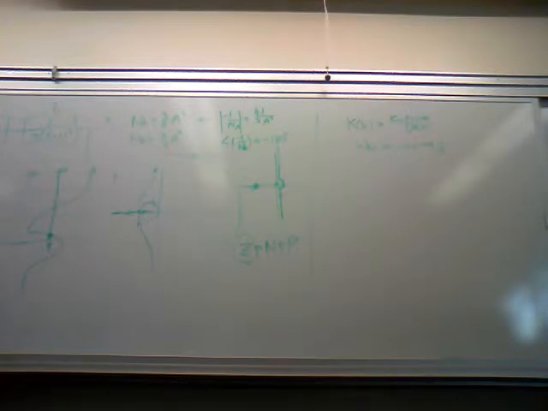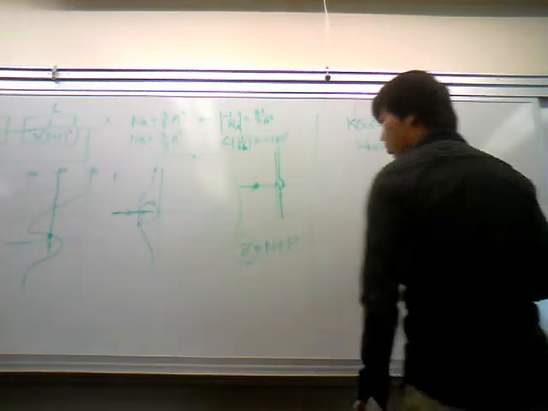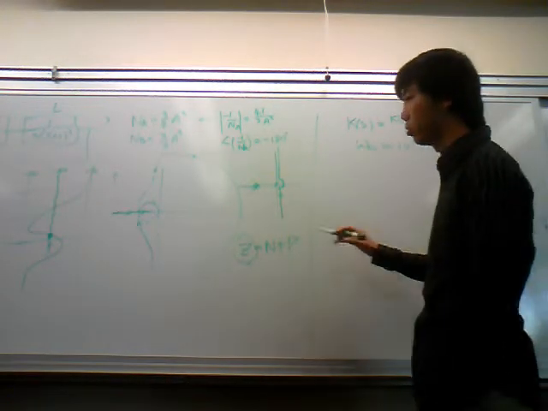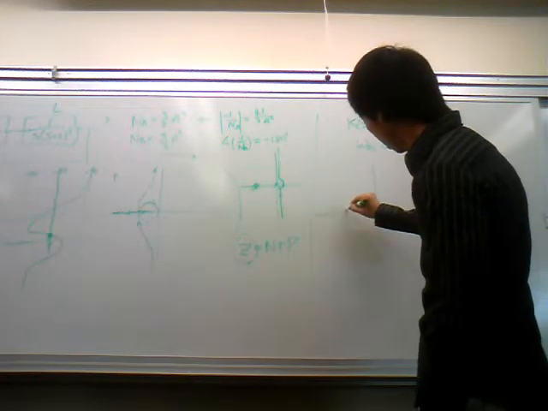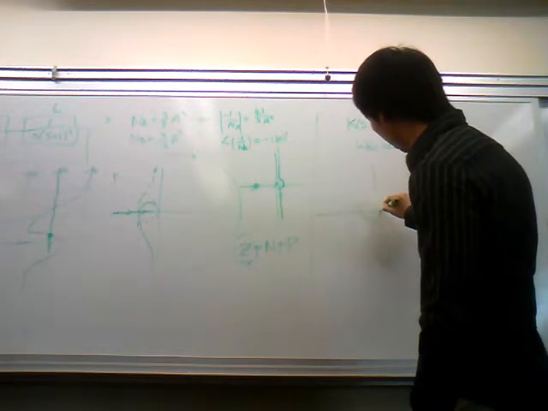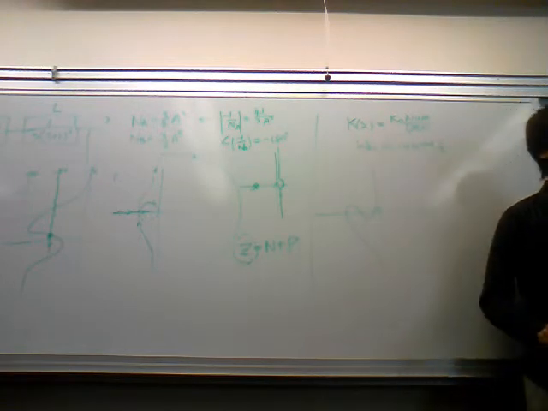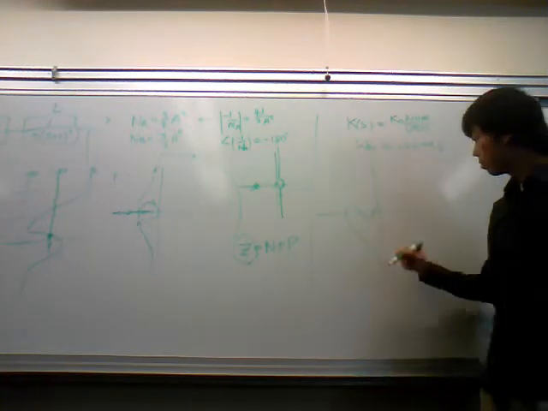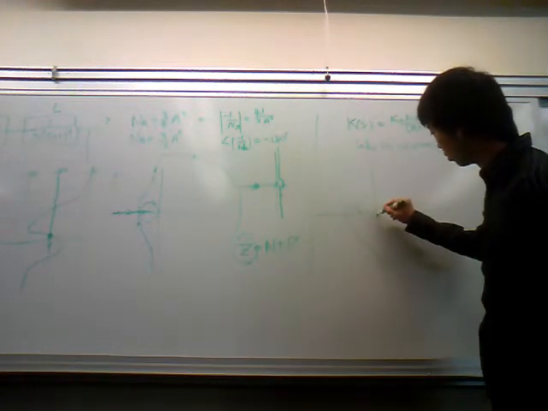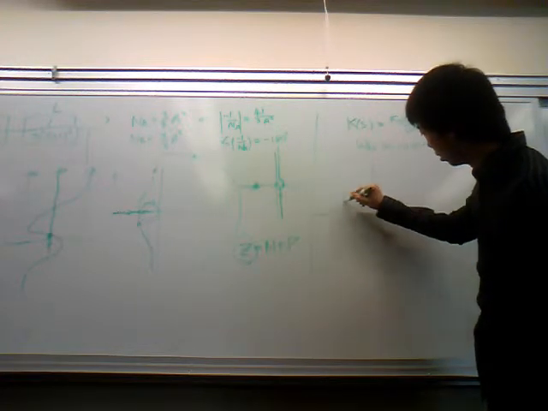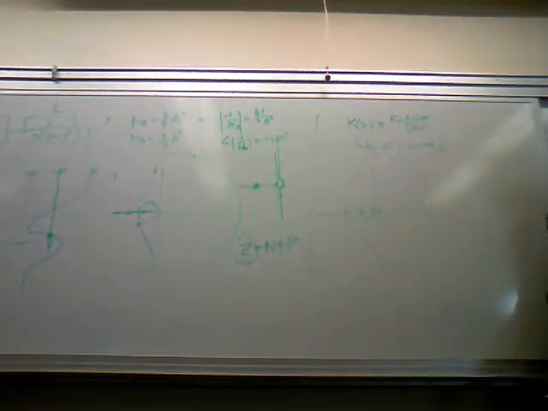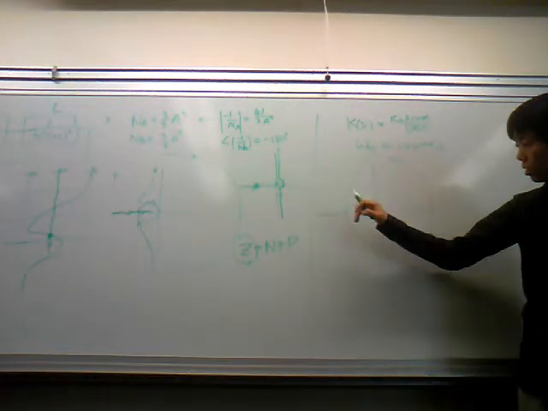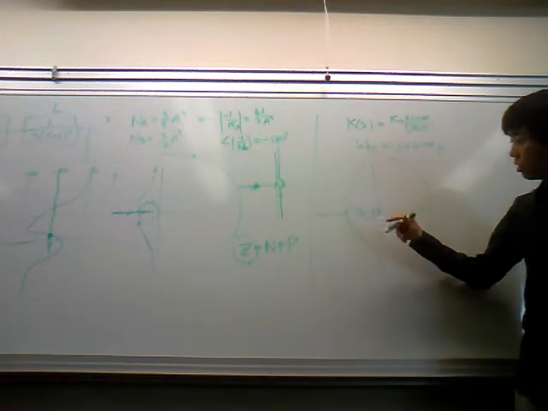How do we know for sure? Well, if we draw the Nyquist diagram of something like that, it's coming in like this and going back like that. If you did the whole thing, you'll find that here you get two encirclements.